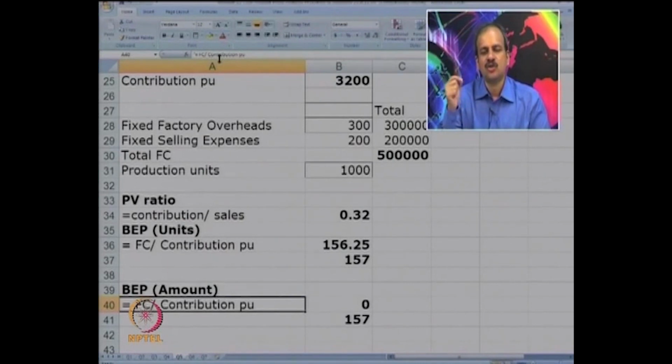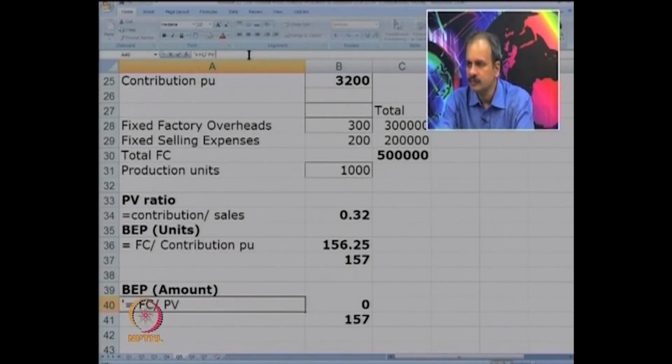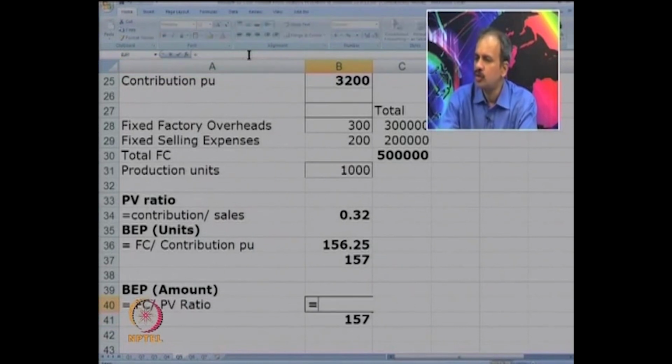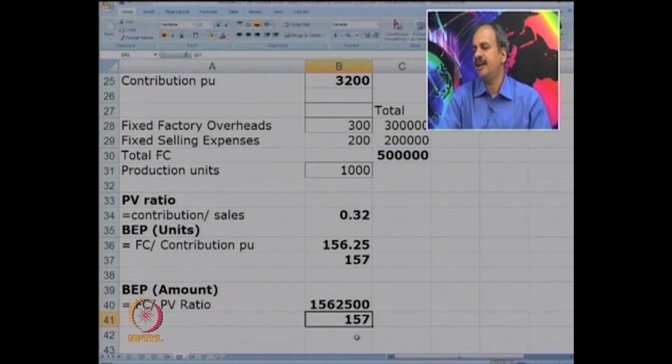So we will divide fixed cost by PV ratio. So fixed cost upon PV ratio, 5 lakhs divided by 0.32. So we get 15,62,500. This is the BEP. Is it okay? Is it clear to you?